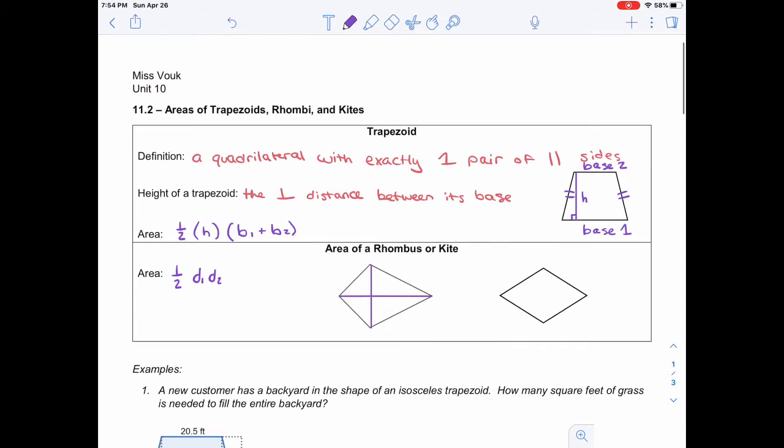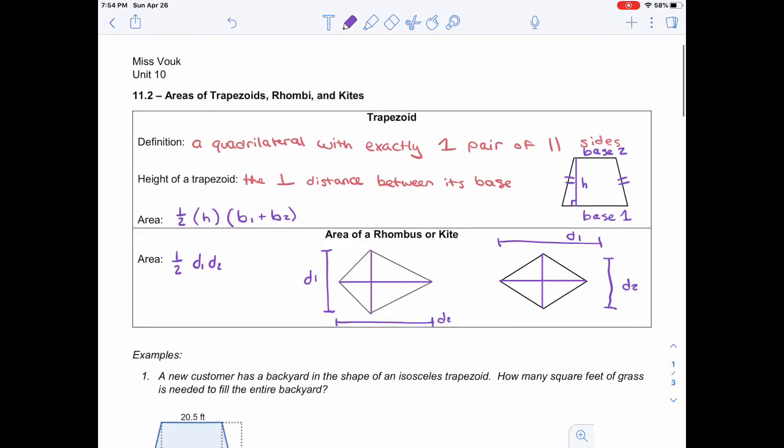So here we'll call this one our diagonal 1, and this one we'll say is our diagonal 2. And then same idea over here for our rhombus, draw it in from your opposite corners. Our horizontal one we can call diagonal 1, and our vertical one we can say is diagonal 2.